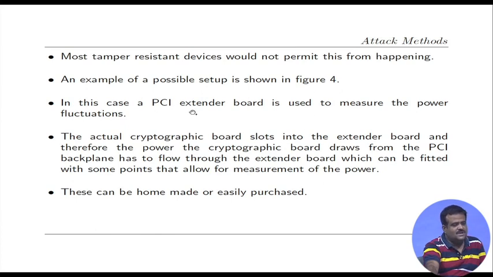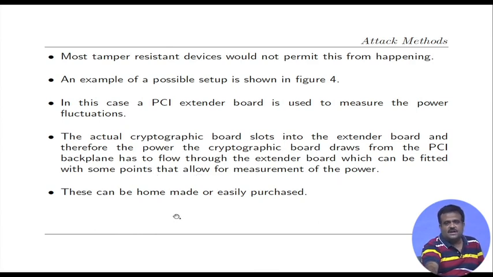In this case, the PCI extension board is used to measure the power fluctuation. The actual cryptographic board slots into the extender board, and therefore the power the cryptographic board draws from the PCI back pin has to flow through the extender board, which can be fitted with a measurement point, and that allows the measurement of the power.